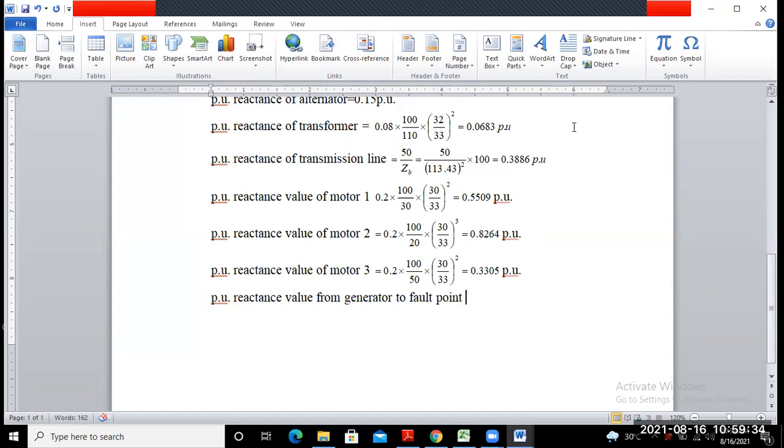is equal to the summation of 0.15, 0.0683 and 0.3863, plus the equivalent of these three. For the equivalent of these three, you write 1 by x1 plus 1 by x2 plus 1 by x3, and you take the LCM of all these three. So you just solve this value.